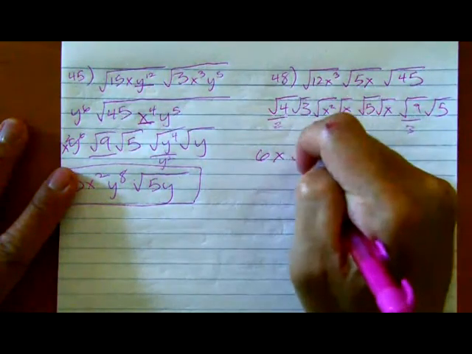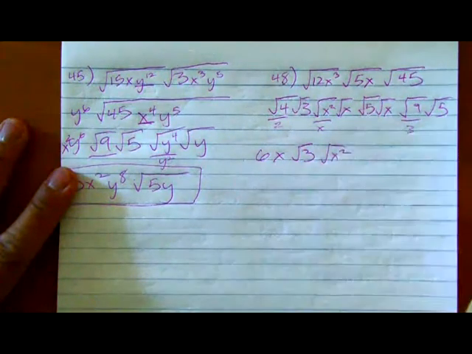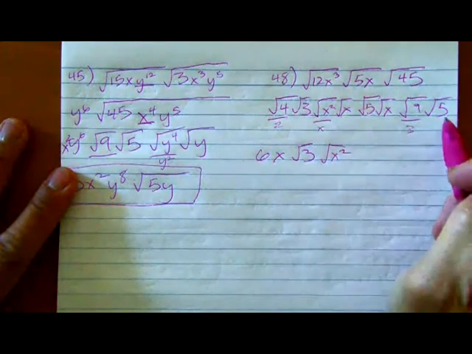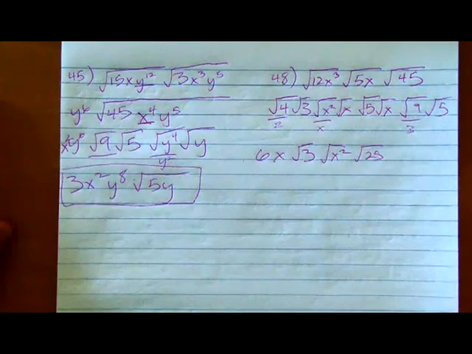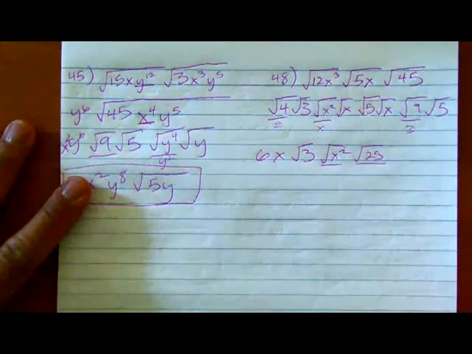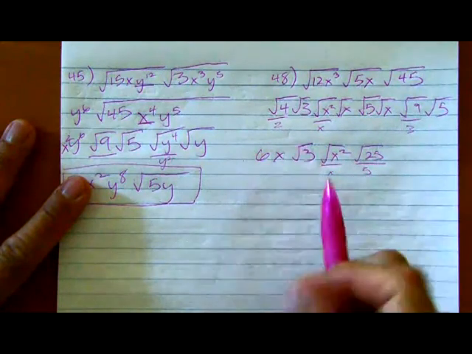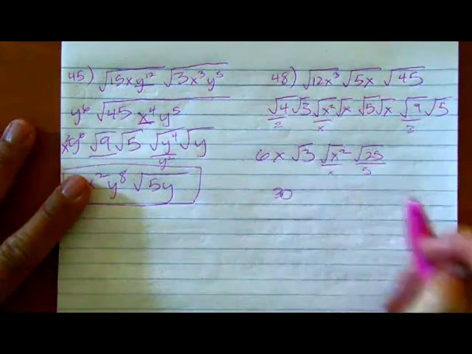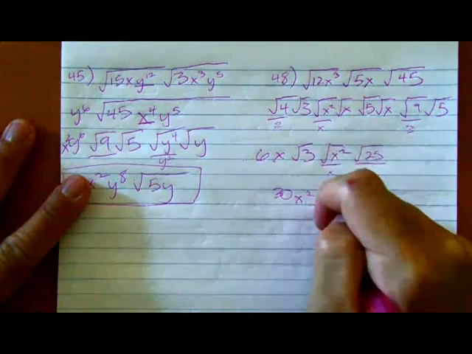Radical 3, x and x is x to the second. 5 and 5 is 25. I could square root the x squared and the 25. This would be x, this would be 5. So 5 times 6 is 30. X times x is x to the second. And I still have a radical 3.